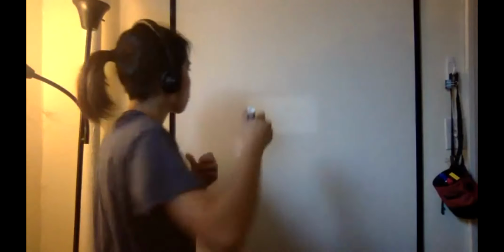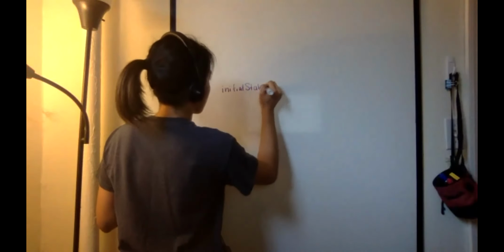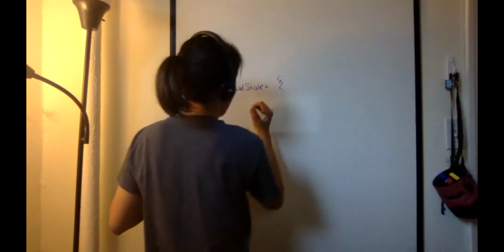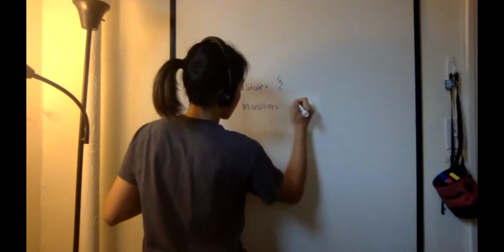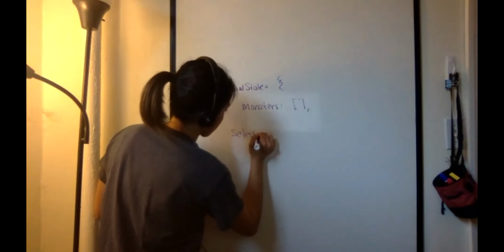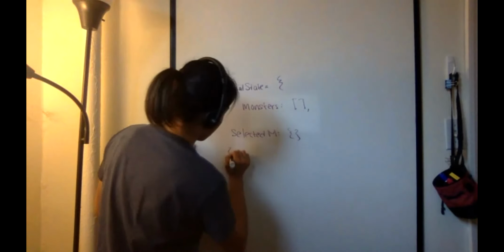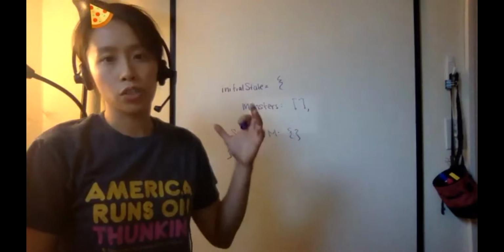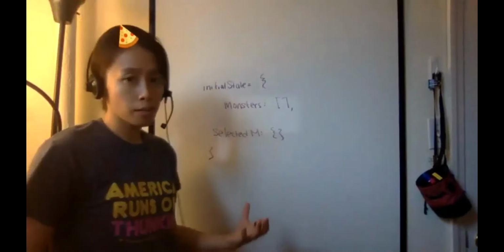Okay, so what we had initially was this initial state, which had monsters as an array and selected monster as an object. We had one reducer that handled all of this logic, which was fine.